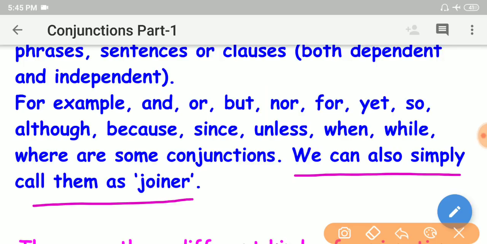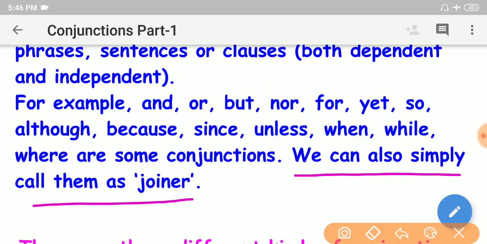So that's why they are called linkers or joiners. So this is the meaning and function of a conjunction. Conjunction is one of the parts of speech in English, and it can be used as a linker in sentences.